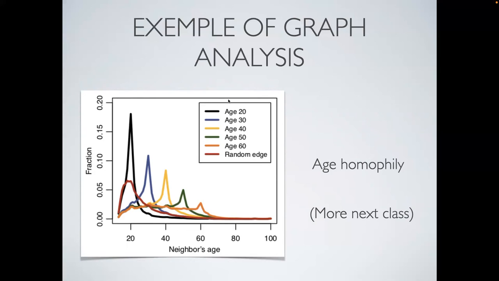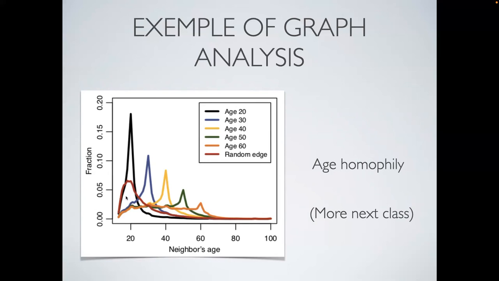To understand it, let's look at the blue line. The blue line corresponds to people who are 30 years old, and for those people they plot the distribution of the age of their friends, the people they are connected to on Facebook.